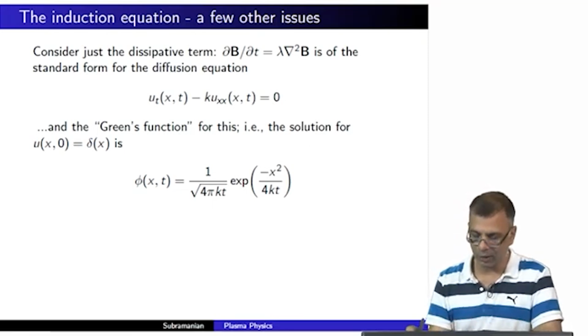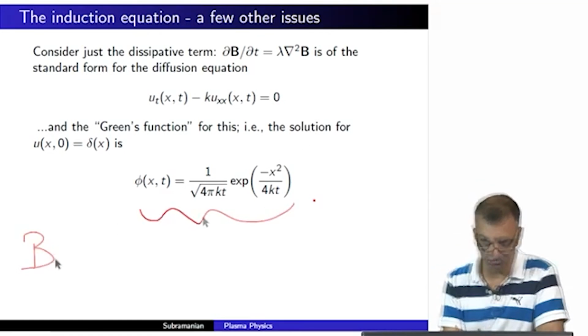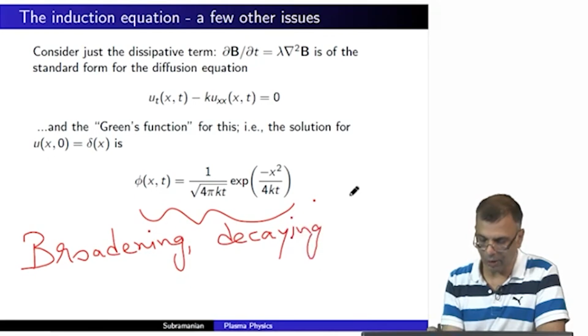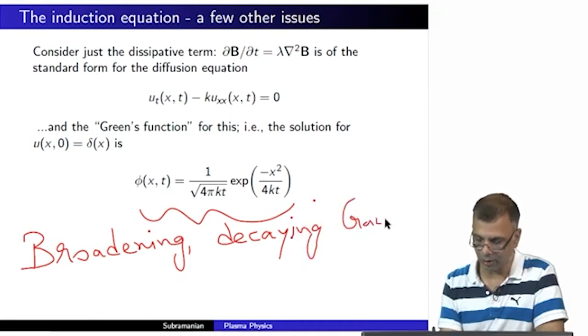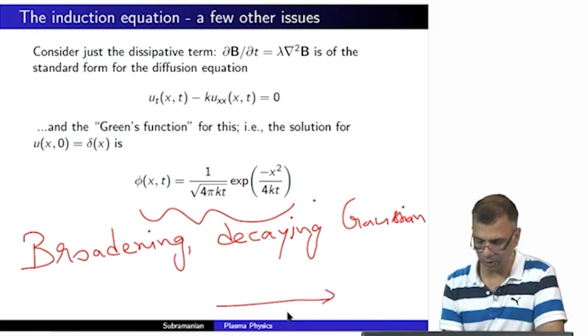So, you have a broadening decaying exponential. This would be a decaying Gaussian, actually. It is something like this. You have time on the x axis, right.